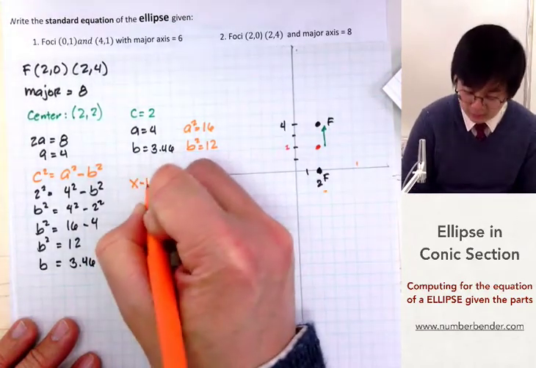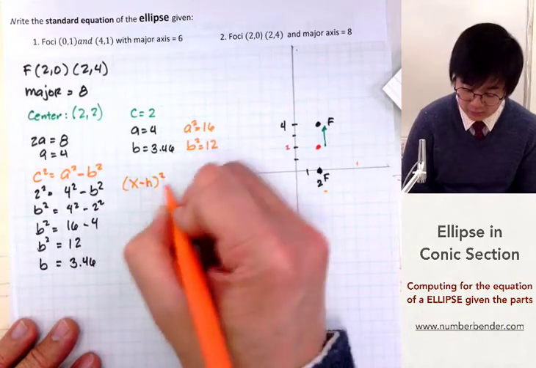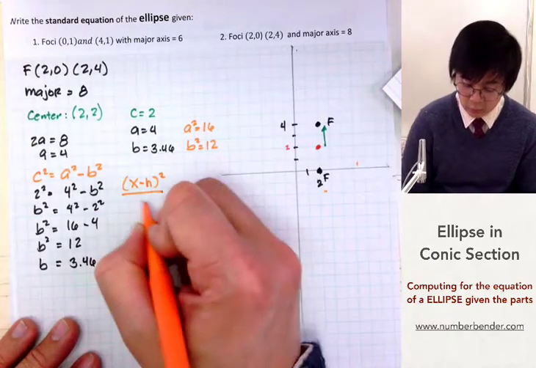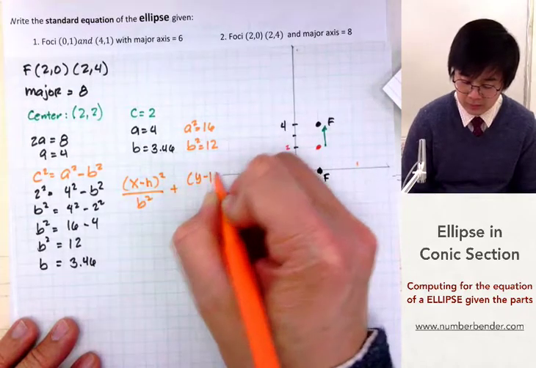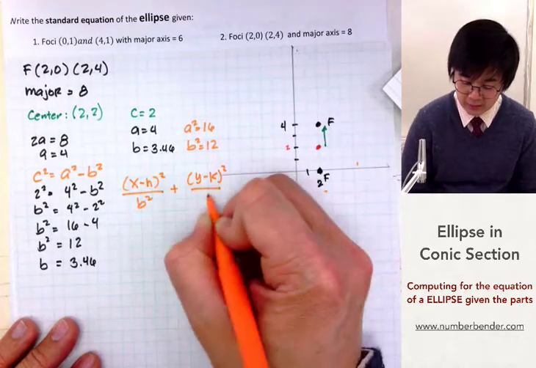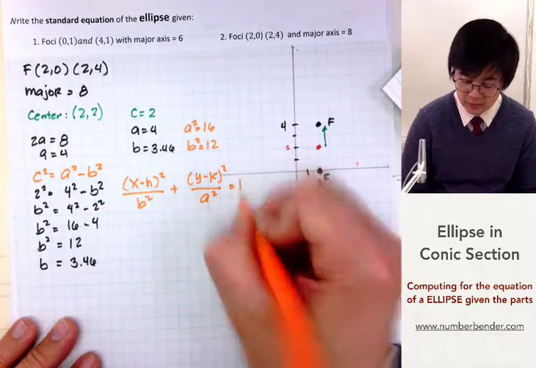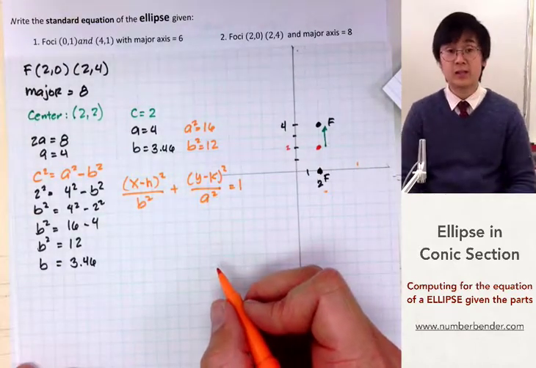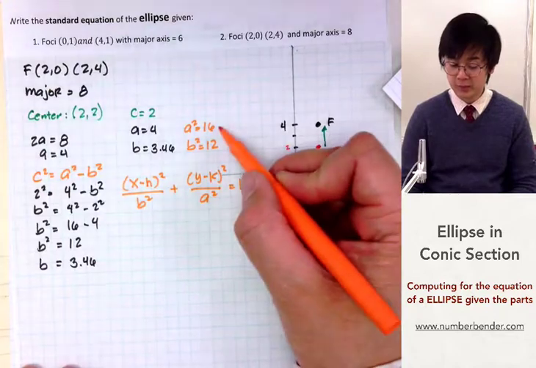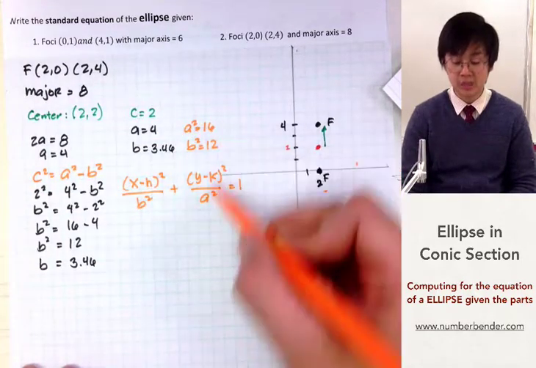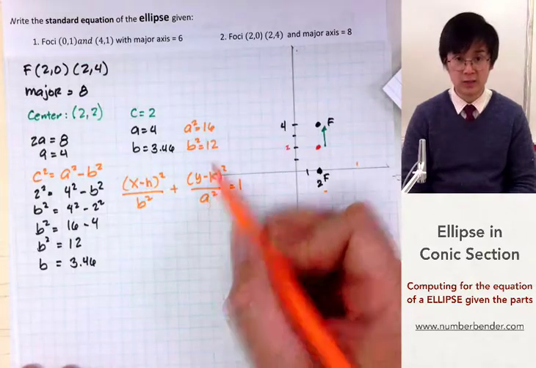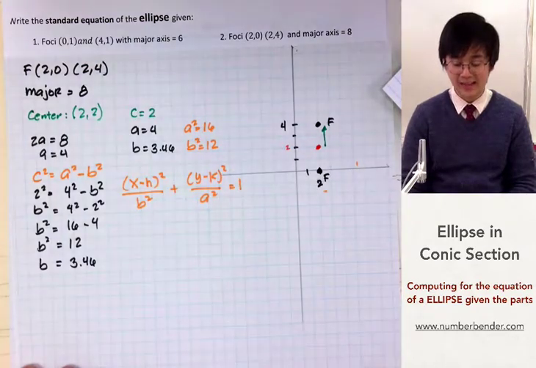So in our formula, x minus h squared all over b squared plus y minus k squared all over a squared equal to 1 is the more appropriate formula to use, because your bigger denominator should go with the y-axis.